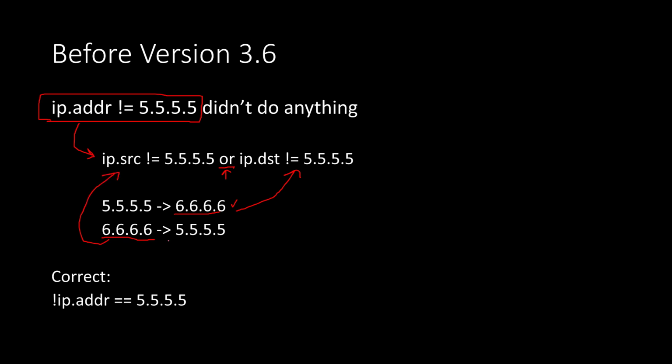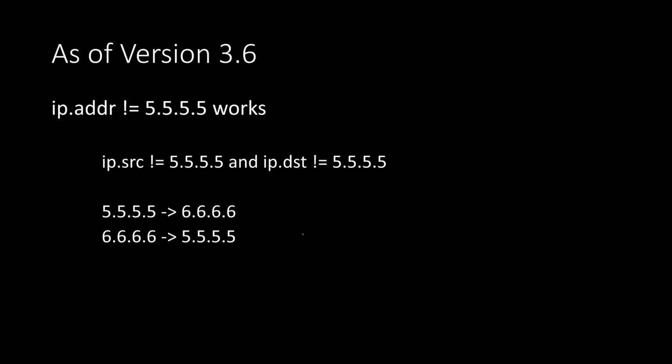So you would not get rid of any traffic using this filter. The correct syntax for this would be !(ip.addr == 5.5.5.5). That's how you have learned to do this filter up until you hit Wireshark version 3.6.